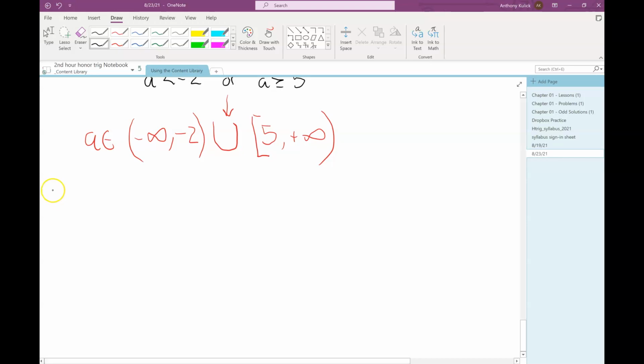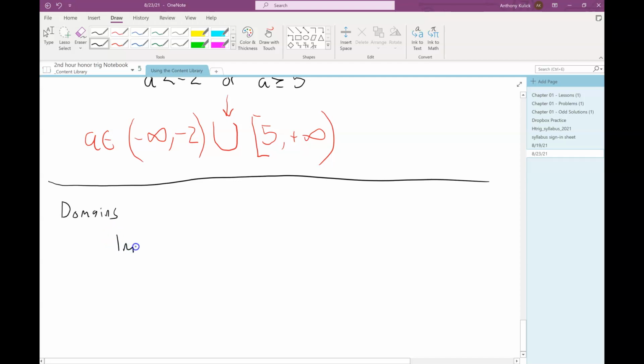The next thing we're going to talk about is domains. And I'm going to introduce a little bit of a new definition. So we really have two kinds of domains when we talk about things.